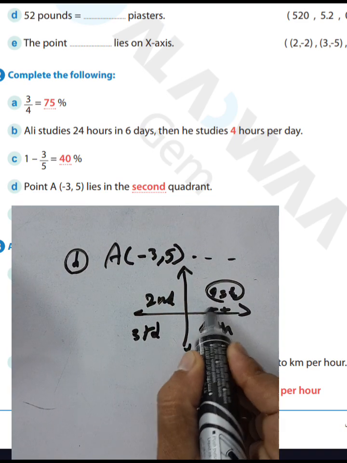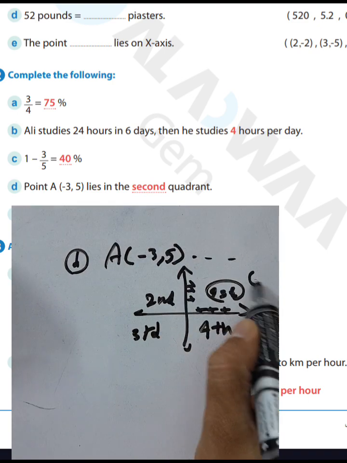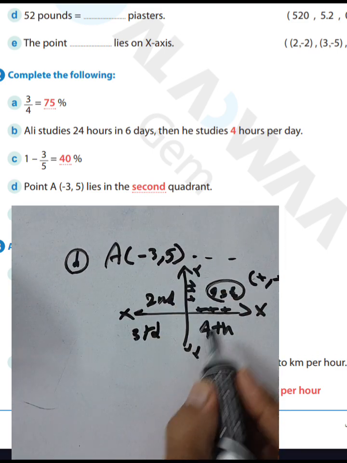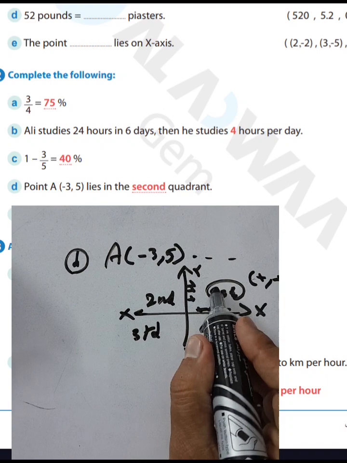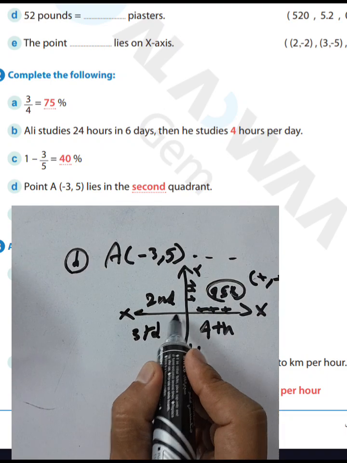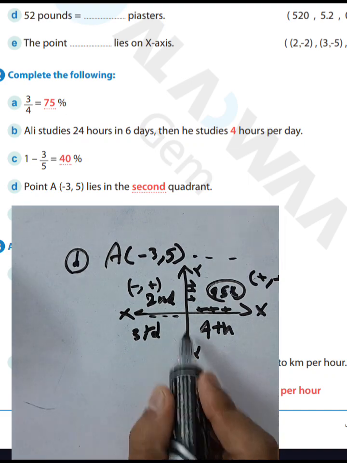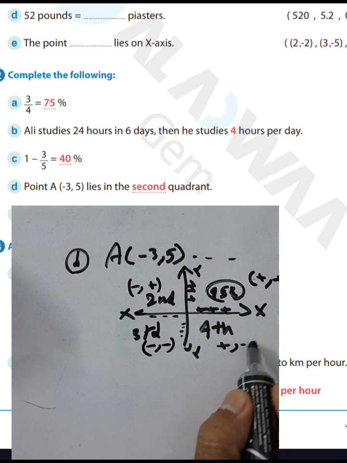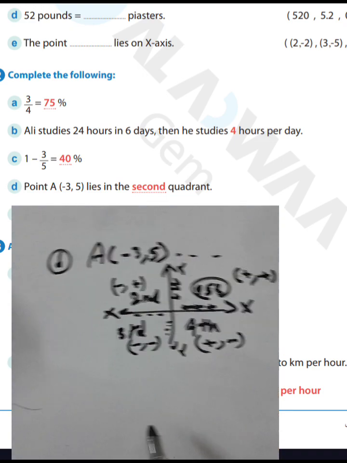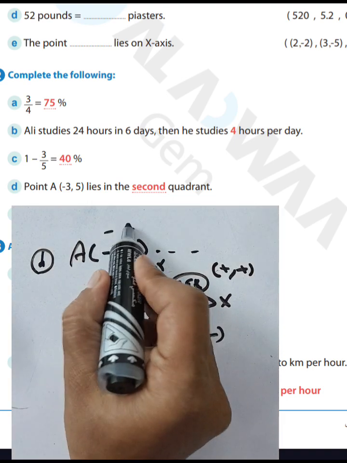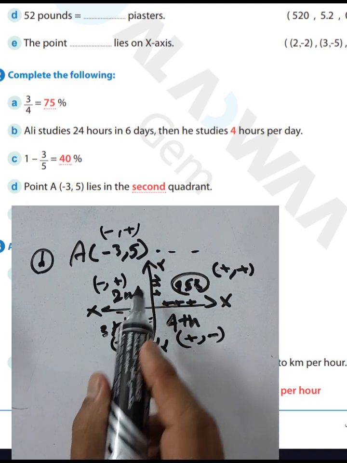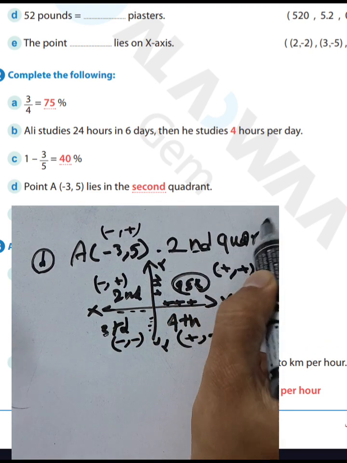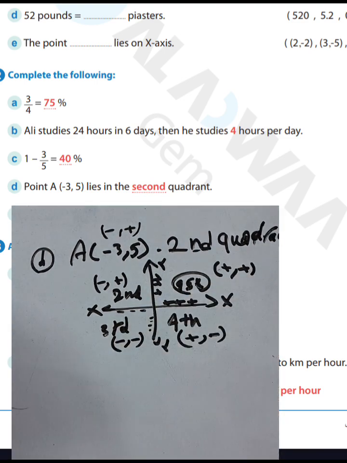The sign here is positive and positive, x-axis and then y-axis. The first quadrant is positive and positive, the second quadrant negative and positive, the third quadrant negative and negative, and the fourth positive and negative. So the sign in this question is negative and positive. Negative and positive lies in the second quadrant.